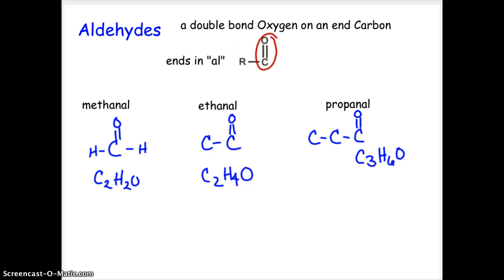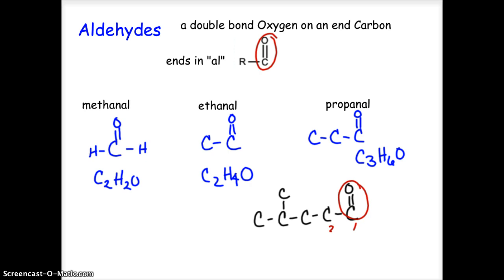So we're going to do one for you to try. What if you had an aldehyde that looked like this? And you had a methyl group coming off that. How would you name that? What is the first carbon? Well, in this instance, this would be the first carbon because that functional group, which is right here, gets the priority of having the lowest number possible.